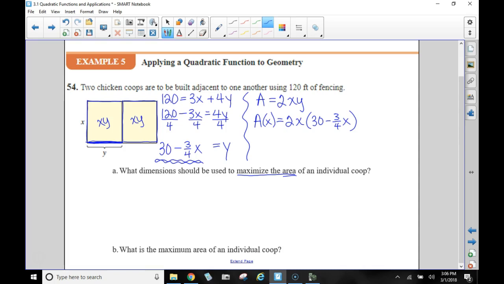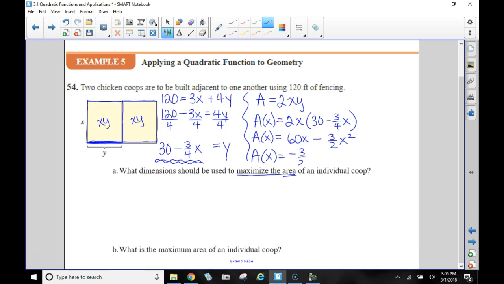All right, let's clean this up a little bit. So A of x is 2x times 30 is 60x minus 2x times 3/4 x is, let's see, negative 6/4, or that will reduce to negative 3/2 x squared. Okay? Now, since this is a quadratic, I'm going to go ahead and write it in descending powers.